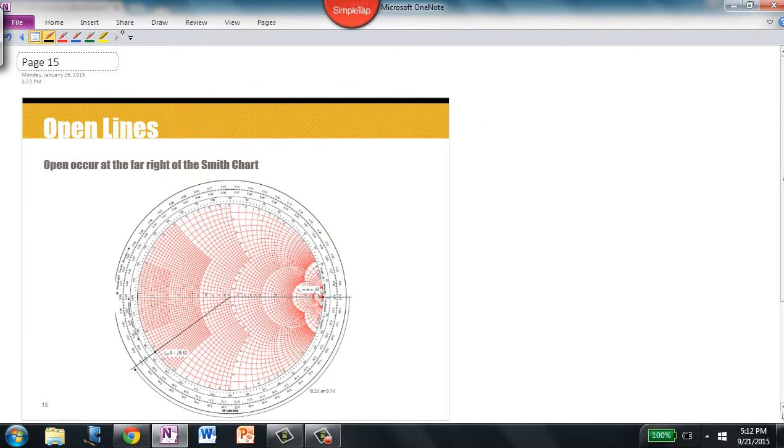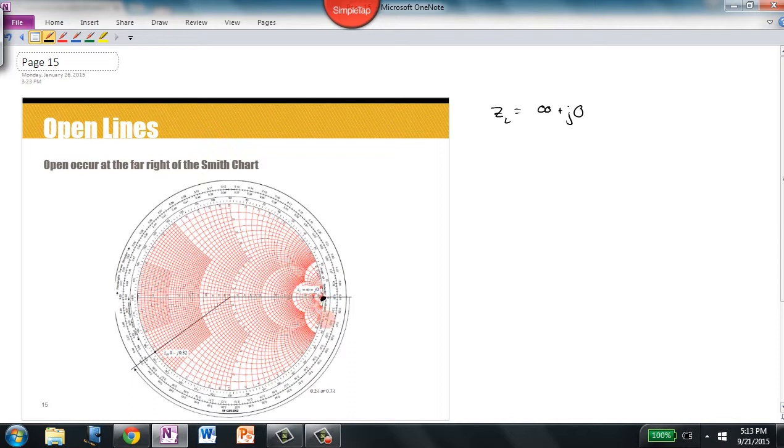We can do similar things with open lines. For an open line, the load impedance ZL is equal to infinity plus j0, and that corresponds to the far right of the real line and the j equals 0 circle. So that is the open on a T-line.